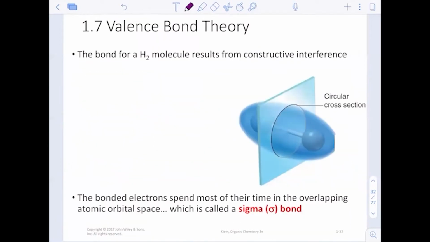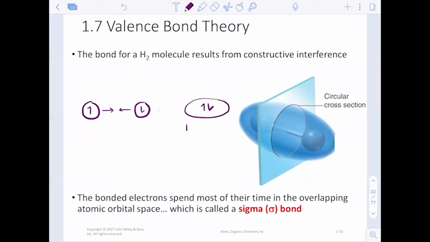The bonds for an H2 molecule, hydrogen diatomic, result from a constructive interference. So if we think about the 1s orbital with one electron and the other 1s orbital with the other electron coming together, what we start to see is a big cloud, or a Venn diagram, of bringing them together.